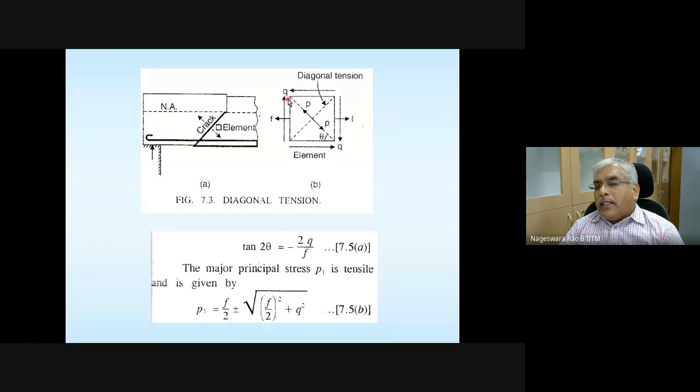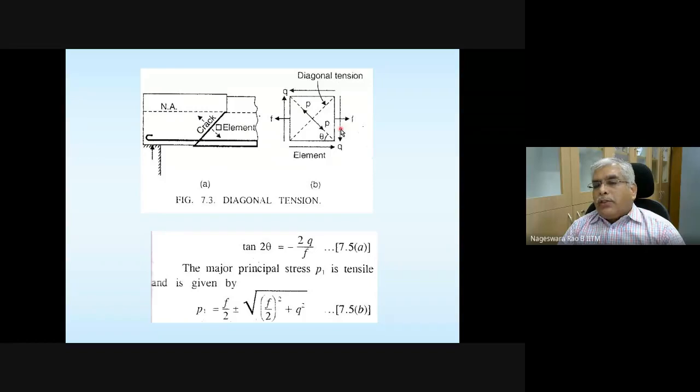or the orientation of this plane with respect to the horizontal, that is your theta, and another plane is going to be perpendicular to this. Here tan 2 theta is equal to some quantity, so 2 theta is going to have two values separated by 180 degrees.